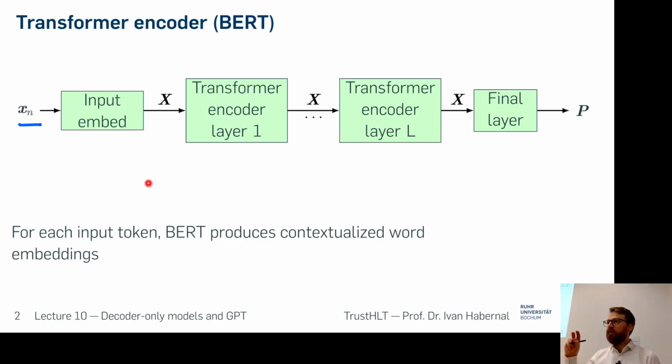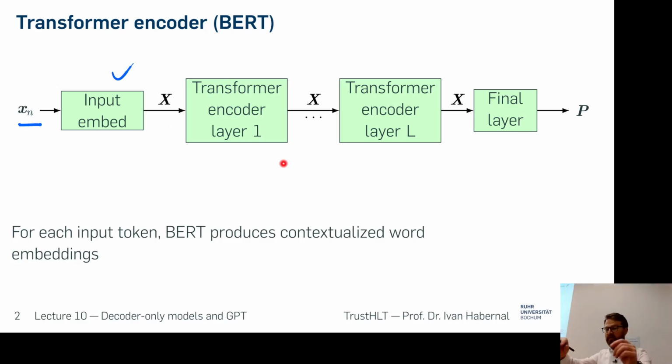We have the standard token embedding, as we would have for other models like feed-forward networks, but there was something special about transformers we had to take into account: the positional embedding. So for position 1 we have a special embedding, for position 2 we have a special embedding, up to position 512, because this is the context size of the BERT model. So we have an embedding for each token, and an embedding for each position, independent of the token, and we sum them up.